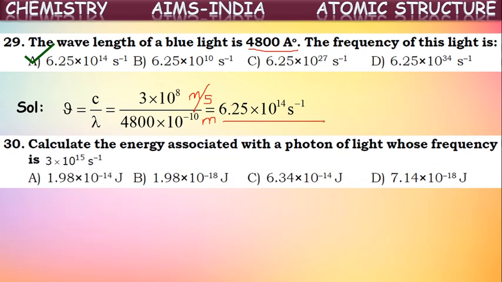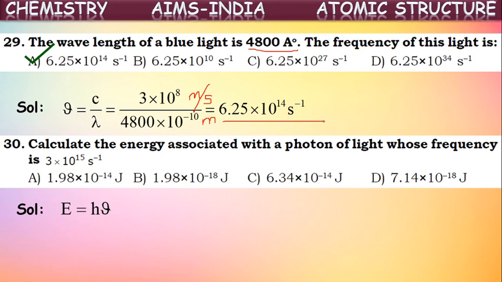Next one, calculate the energy associated with the photon of light whose frequency is 3 into 10 to the power of 15 second inverse. So they have given here frequency, asking to calculate energy. What relation we have between these two? We know energy of the radiation E is equal to h nu, where h is Planck's constant, nu is frequency.